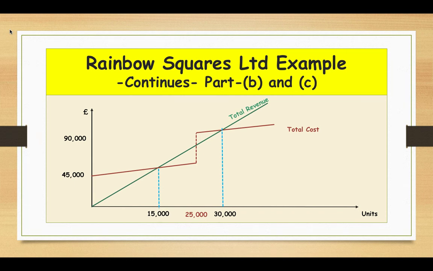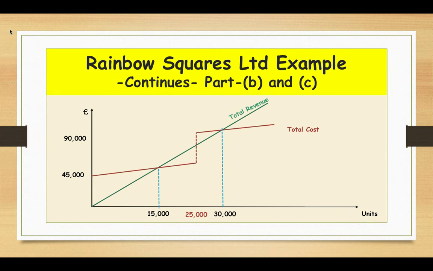But after 25,000 units and up to 30,000 units, the graph shows that the total cost line is above the total revenue line. Therefore, it is not profitable to produce between 25,000 to 30,000 units.